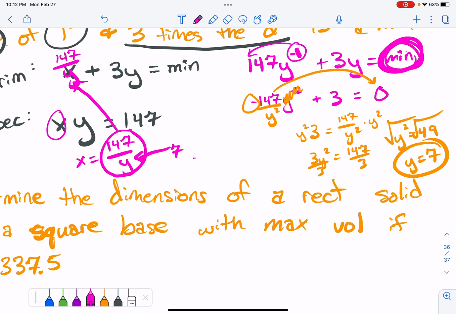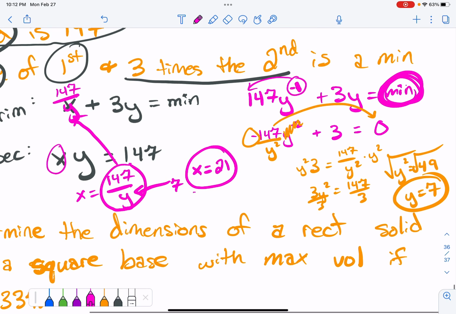So 147 divided by 7, that means our x coordinate is 21, okay? So the product, 21 times 7, is going to be 147, but I know that x and 3y, the relationship is the same, right? Like x is 3 times what y is, and that's kind of how minimums work.